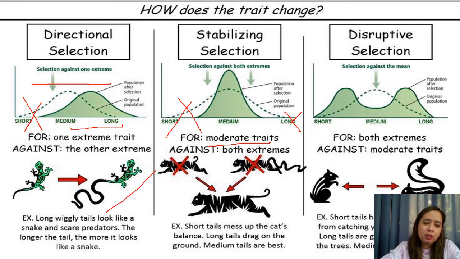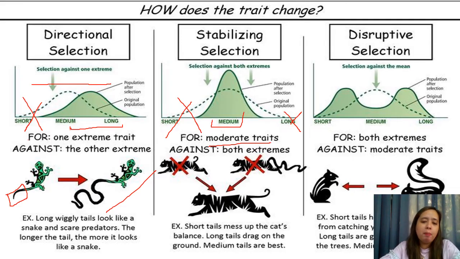So, yung mga shorter ang tails, ang tendency ngayon dyan, sila yung mas i-feed ng mga predators kasi nga, hindi naman mukhang nakakatakot. The short tails that they have do not look like a snake that could deter some of the predators. So, the longer the tail, the better. This is directional selection.